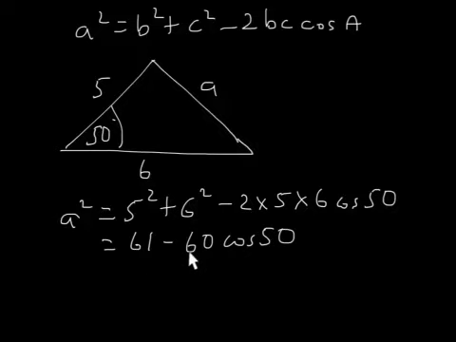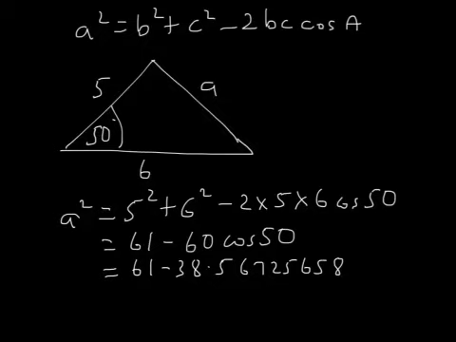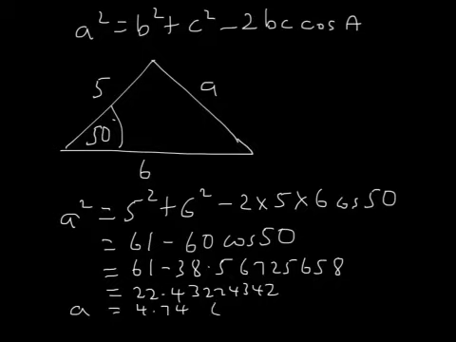So it's 61 minus whatever 60 cos 50 is. 60 cos 50 is 38.567, so it's 61 minus 38.567256658. 61 minus that works out to be 22.432744342. So a is the square root of that, which is 4.74 to 3 sig figs.